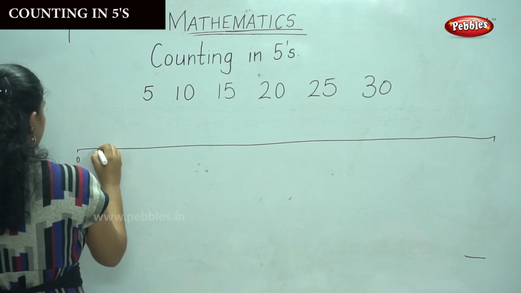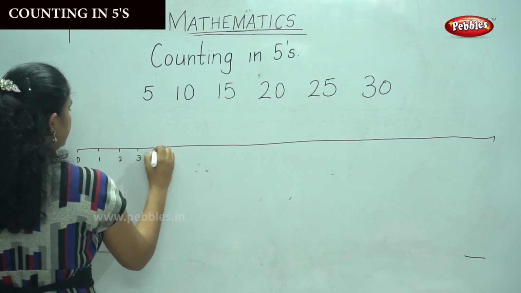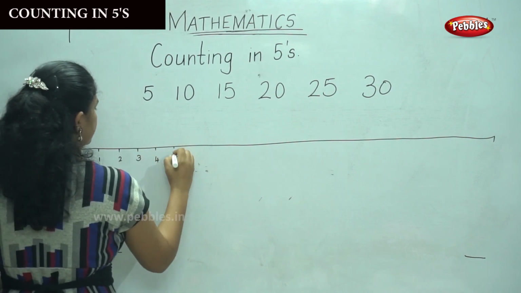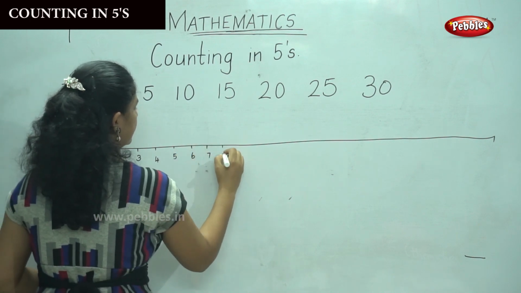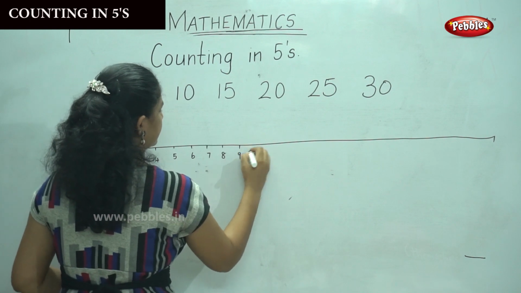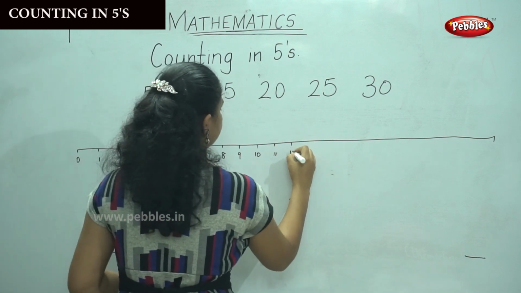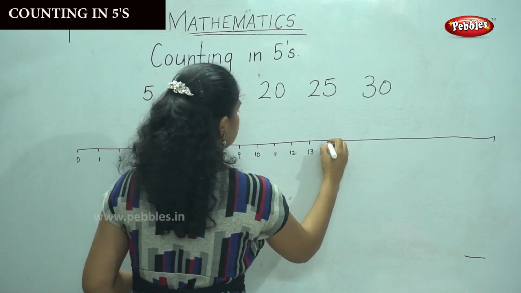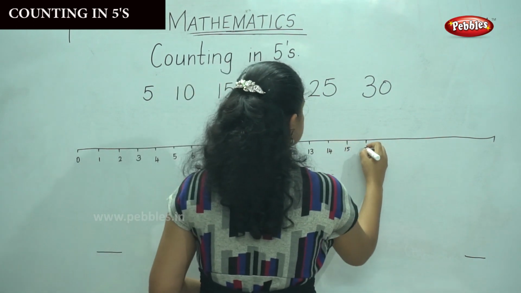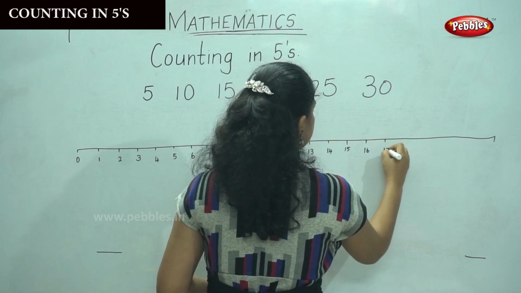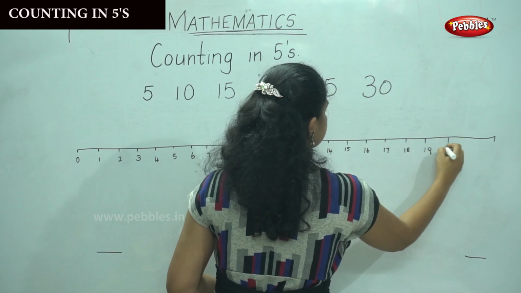So 0, 1, 2, 3, 4, 5, 6, 7, 8, 9, 10, 11, 12, 13, 14, 15, 16, 17, 18, 19, 20.